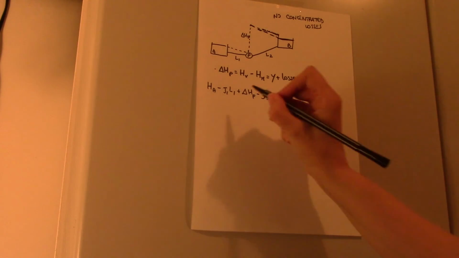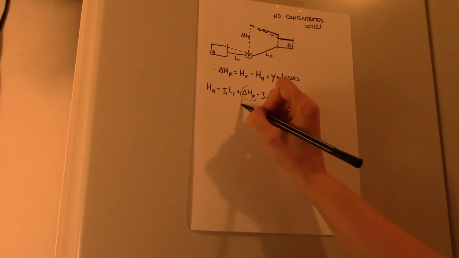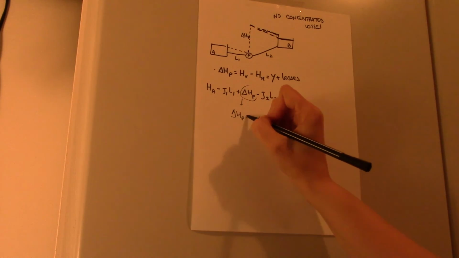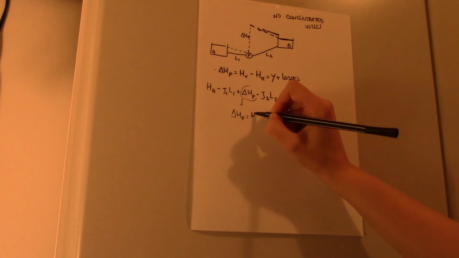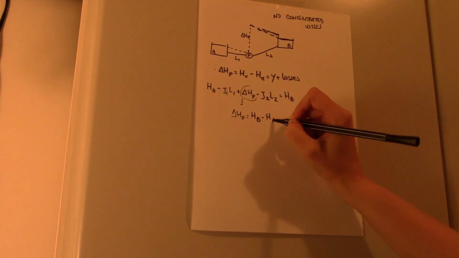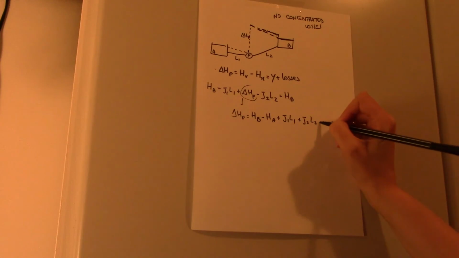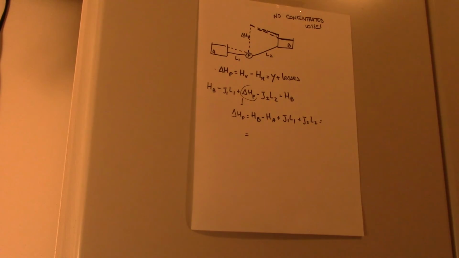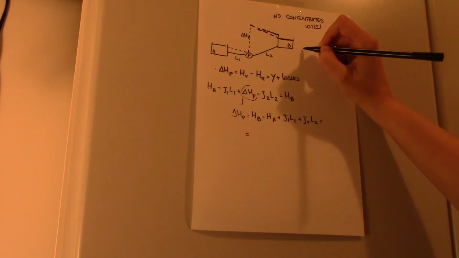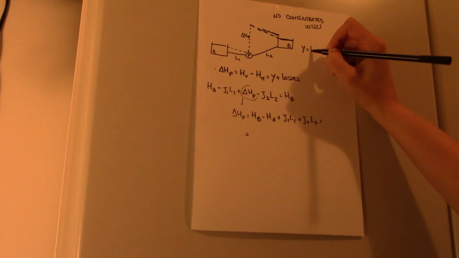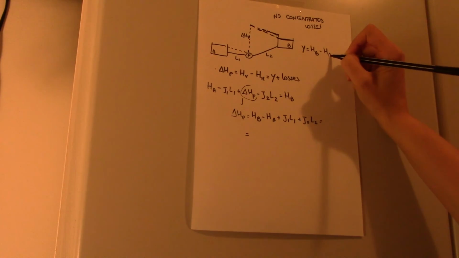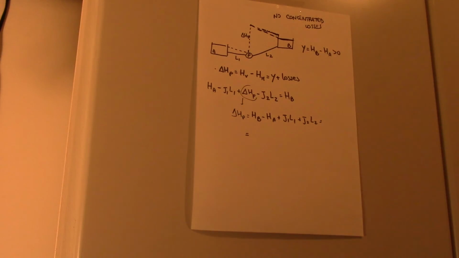Then again, if I want to get delta H pump, I will have that delta H pump is equal to HB minus HA plus J1 L1 plus J2 L2, but remember that HB minus HA in this case is what we have defined as Y. So in this case HB minus HA is greater than 0.